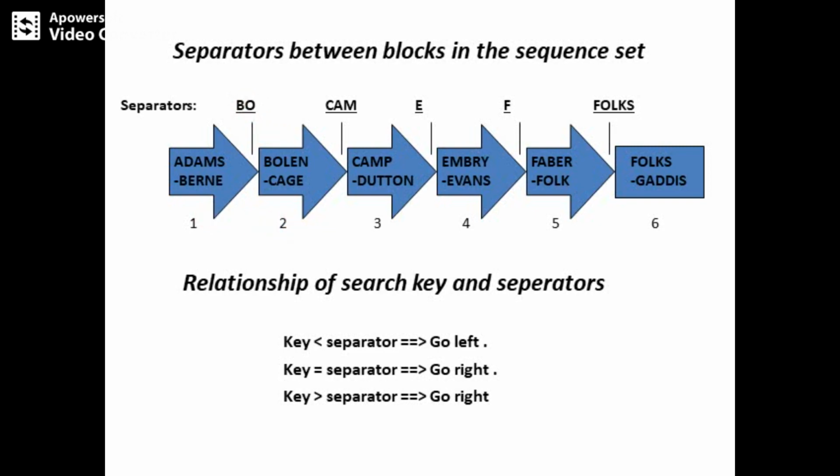Why is BO taken? Because the last record in the first block is Berne, so it starts with Berne. The first record in block 2 is Bolen, so it starts with Bolen. The first characters are the same, so I cannot take the separator as B. If I take the separator as B, you will get confused whether you need to go to block 1 or block 2. That is why I take BO.